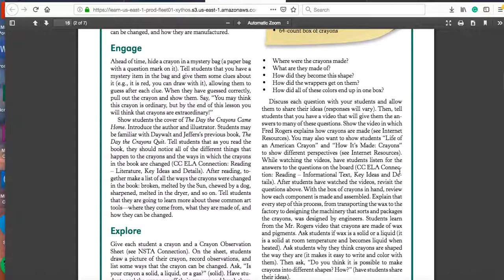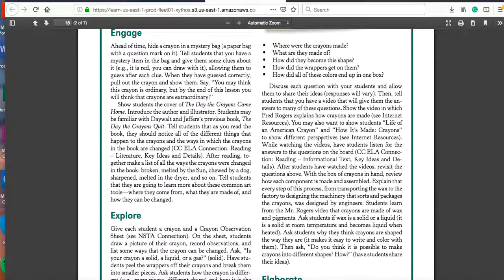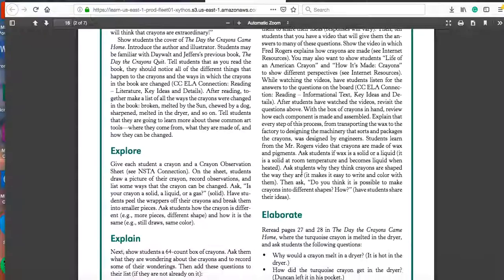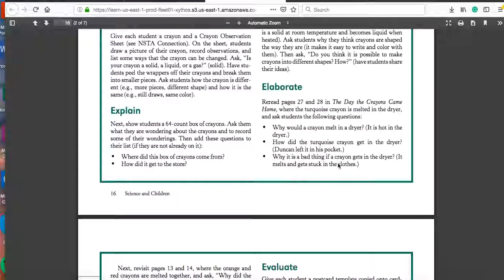The teacher would also show different videos, such as a video from Fred Rogers talking about how crayons were made, as well as the life of an American crayon and how it's made, just to show the whole overall idea about how crayons are manufactured. The video also talks about how crayons are made of wax and pigments, which is important for the next portion of the lesson.